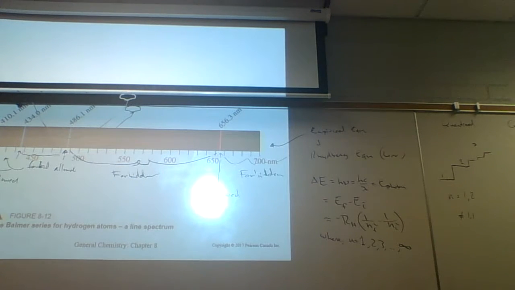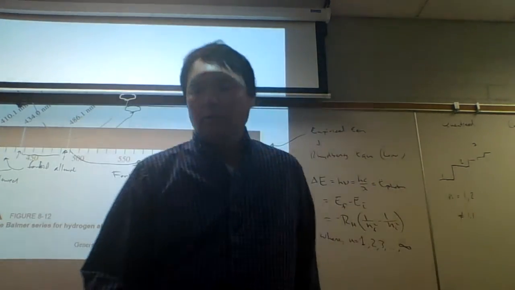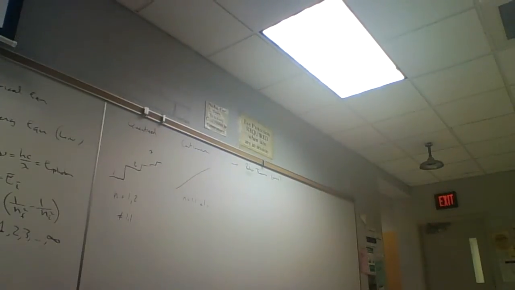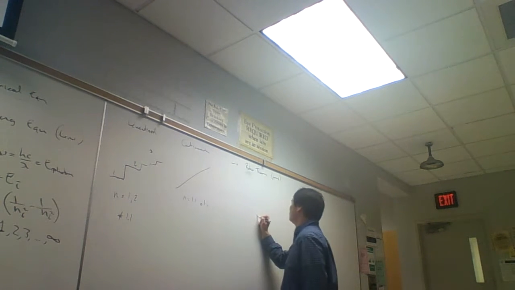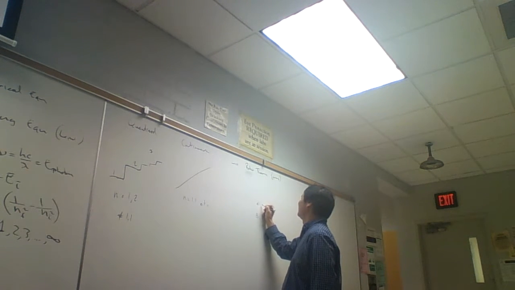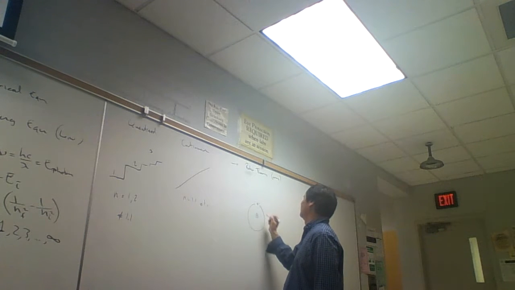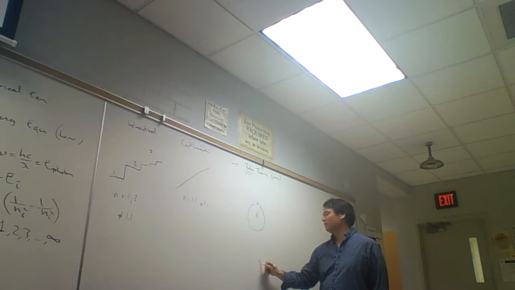Bohr theory was proven wrong, but we'll talk about it because it's very simple. What Bohr hypothesized and what the Bohr theory developed was that the electrons orbit the nucleus. And so this would be a Bohr orbit.